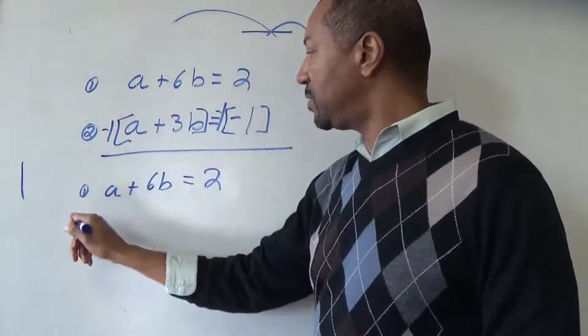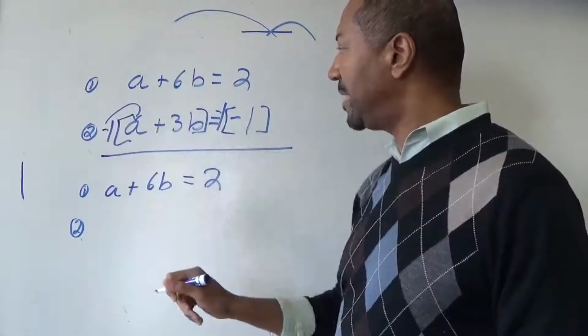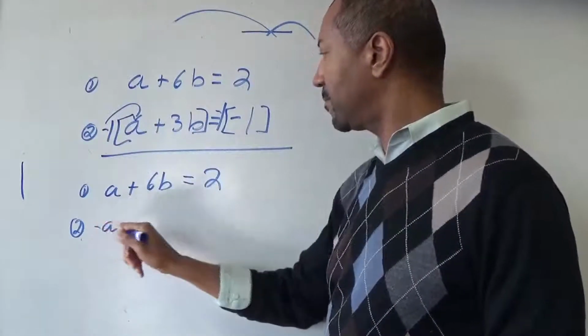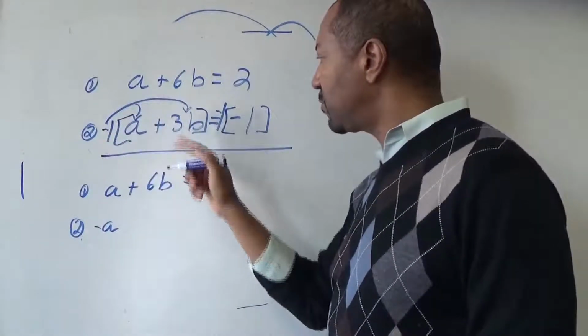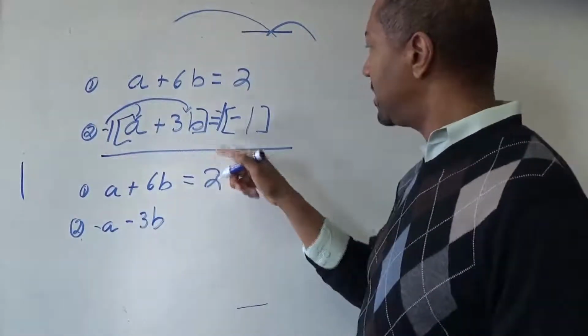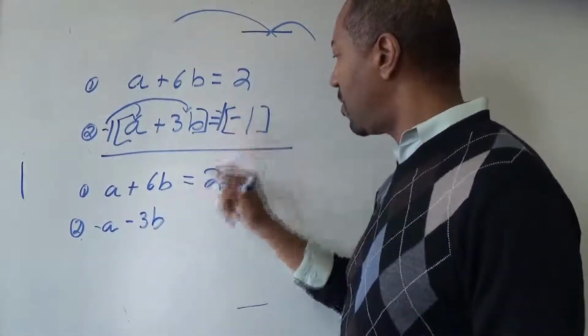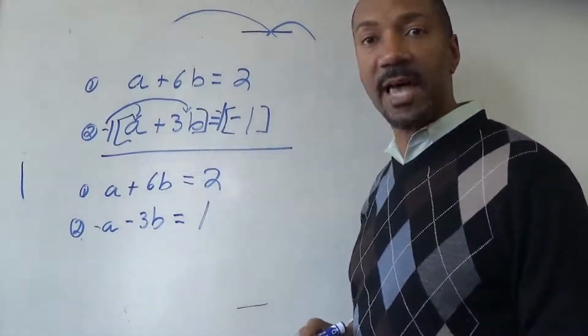But equation 2 is now, okay, that's negative a. -1 times 3b is now negative 3b. And -1 times -1 is a positive 1. So this is what our system now looks like.